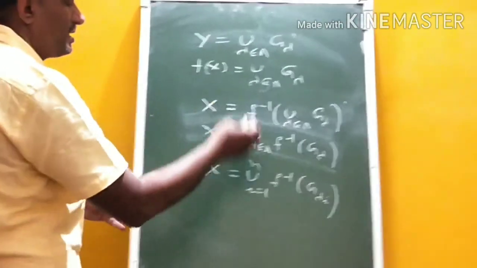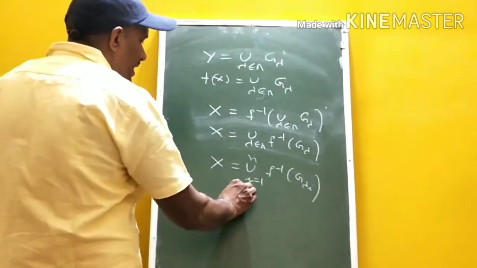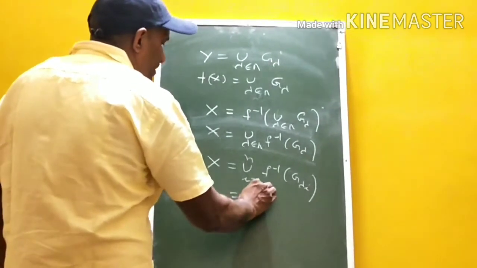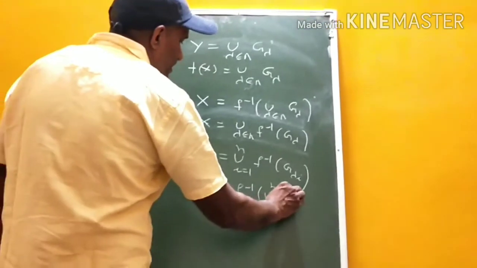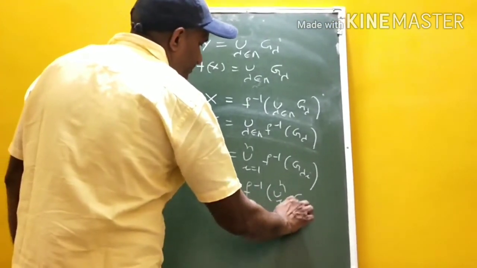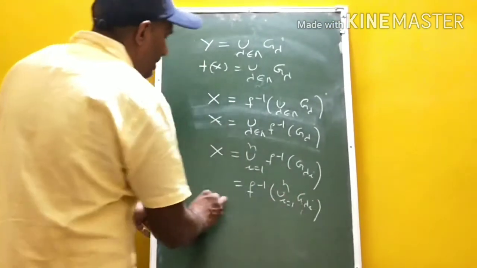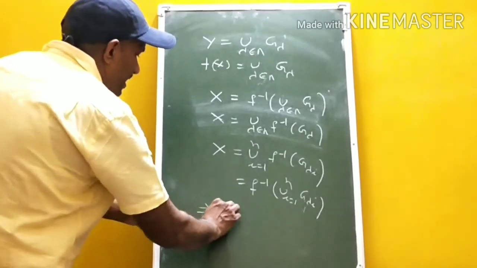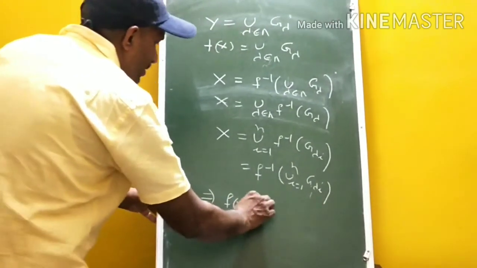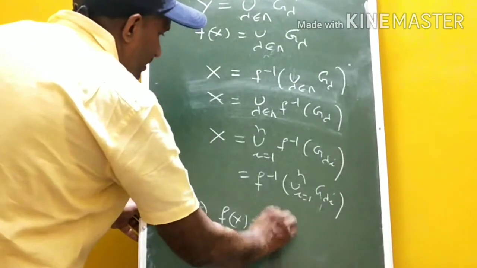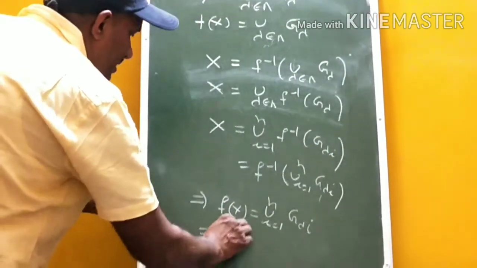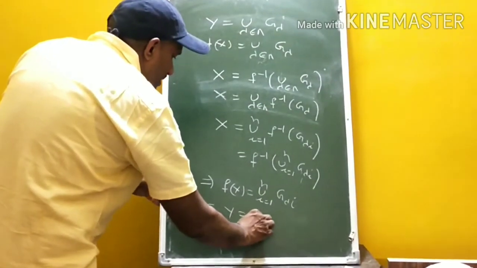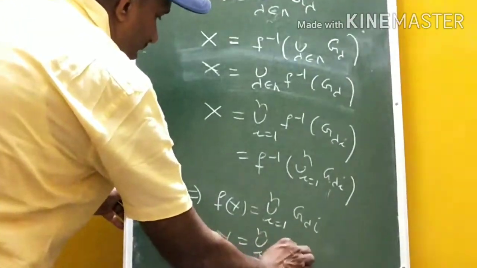Or this can be written, due to continuity, as f inverse of union i from 1 to n G lambda i. Further, this implies f(X) is equal to union i from 1 to n G lambda i, and f(X) is equal to Y, so Y is equal to union i from 1 to n G lambda i.